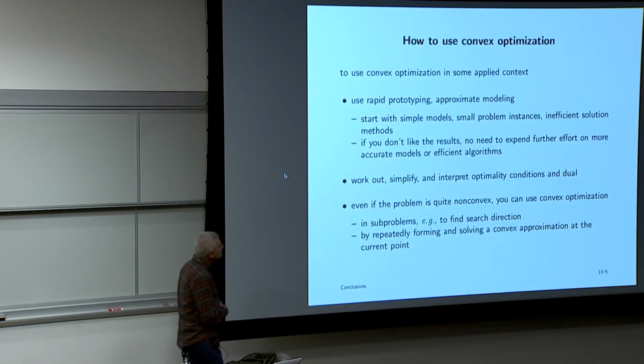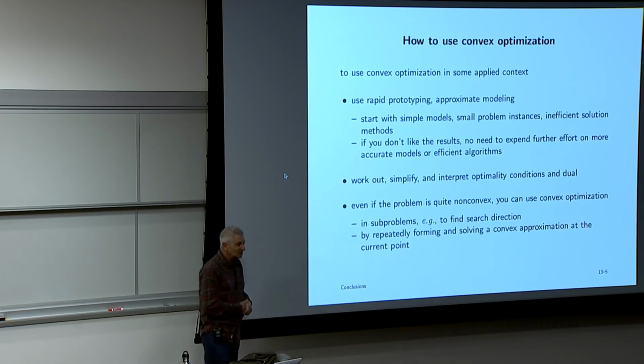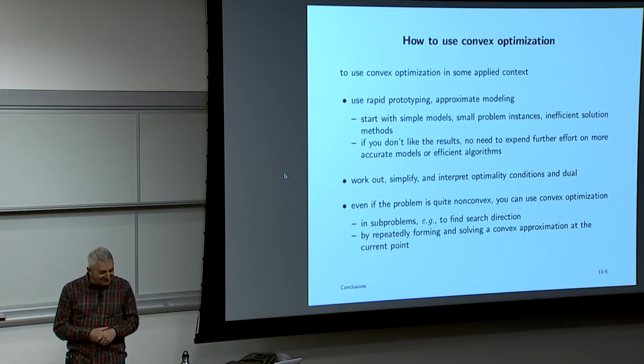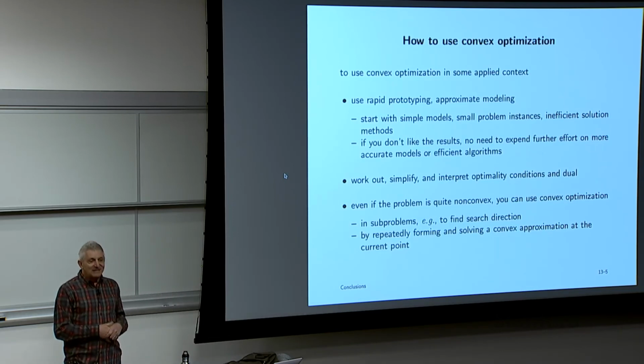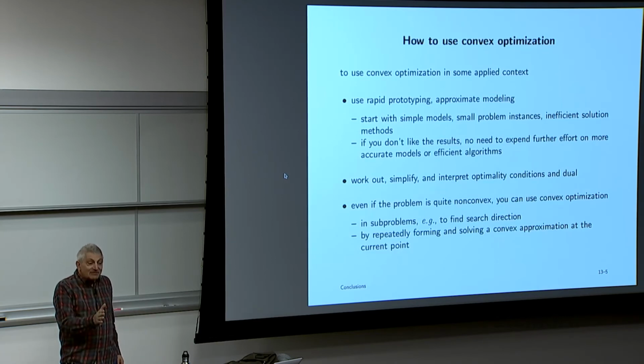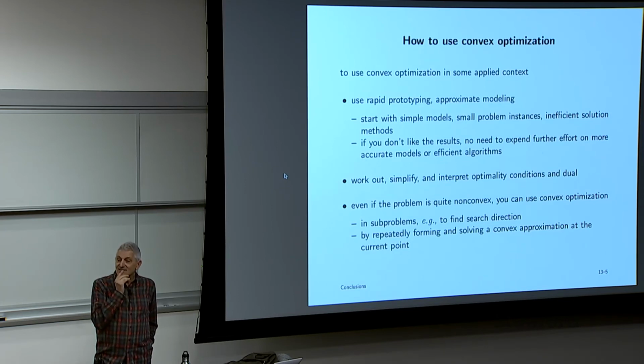So, you can always do cool stuff. Like you can work out and simplify the optimality conditions in the dual. Honestly, in most cases, that doesn't actually have any practical use because you're going to solve it numerically, so you don't need to worry about that. In some rare cases, it's actually kind of interesting because it's cool to say, hey, guess what? We get prices automatically.